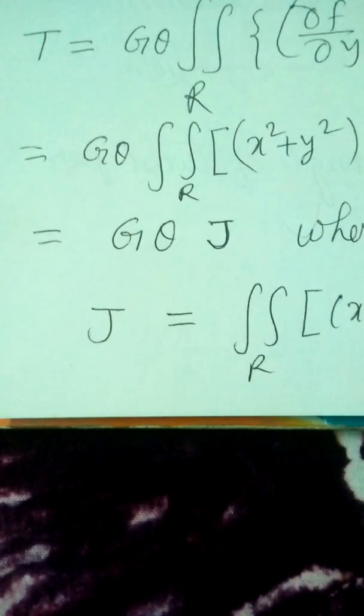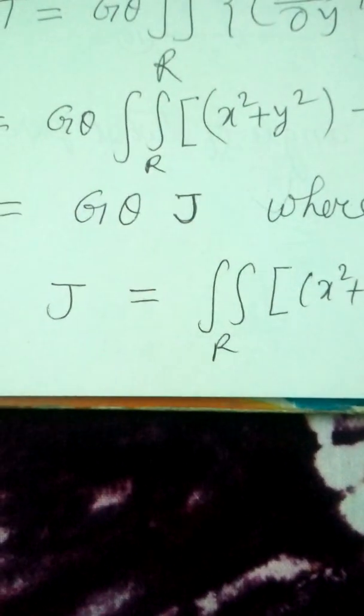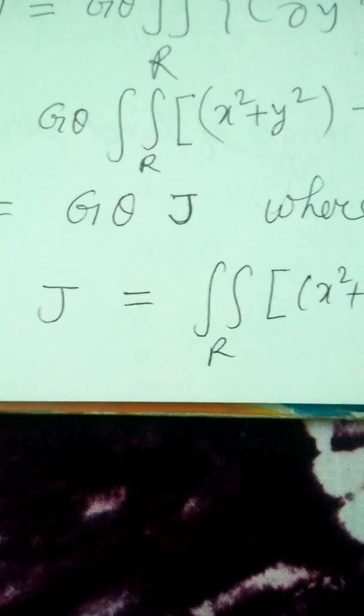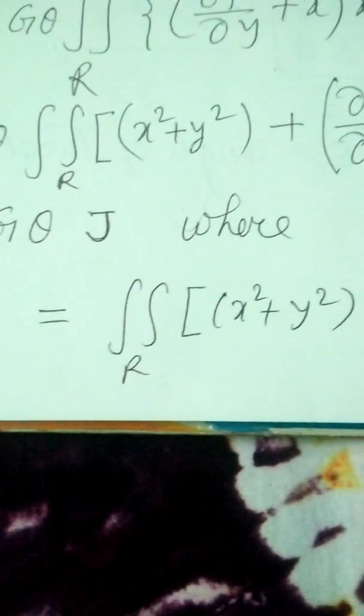Now this is a very well known equation, G J theta, T is equal to torque, where J is equal to this one. Now J again this one, we have to find out J for every cross section.